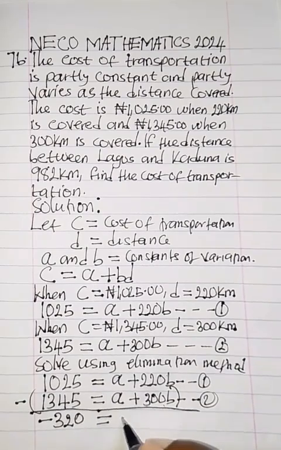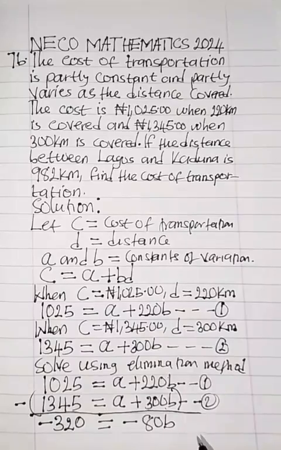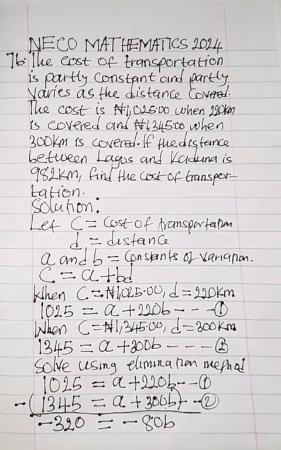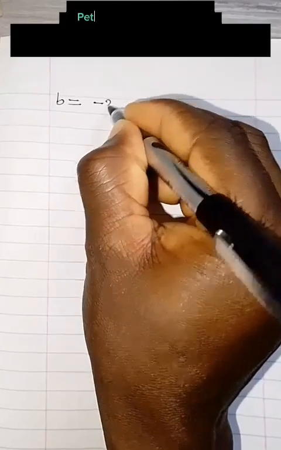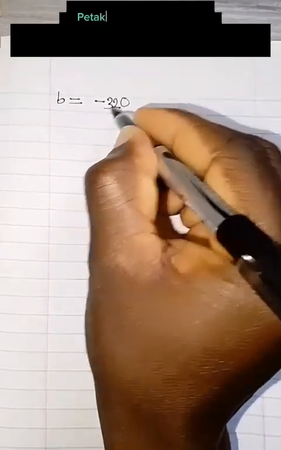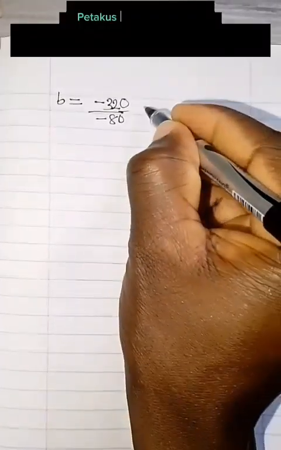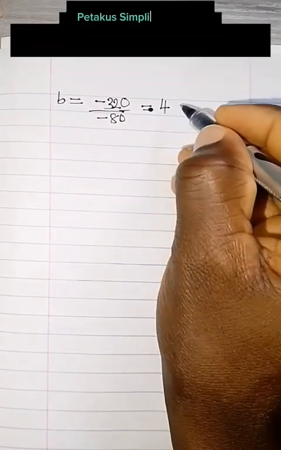That is minus 80B. In order to get B, divide both sides by minus 80. So B is equal to minus 320 divided by minus 80, and that is 4.